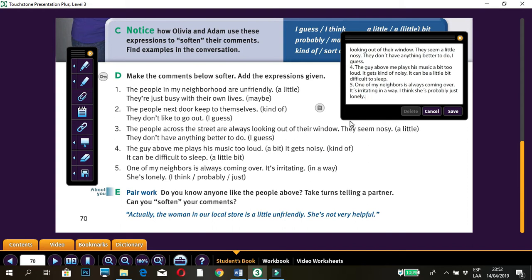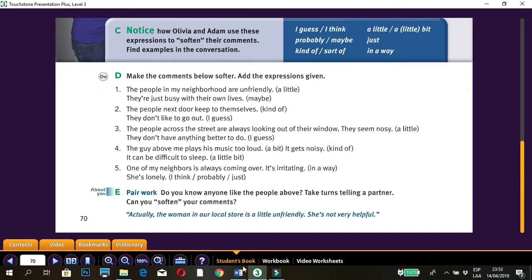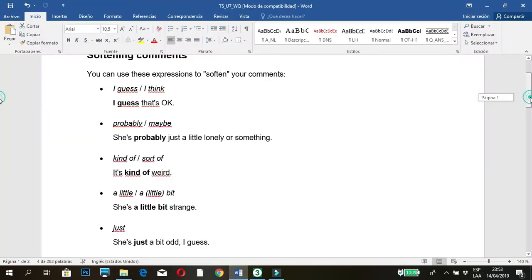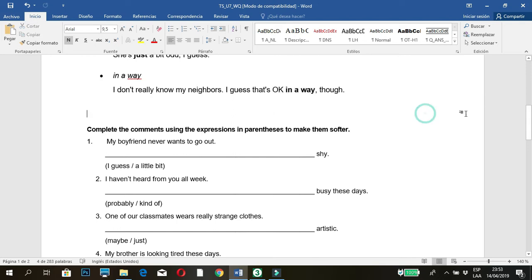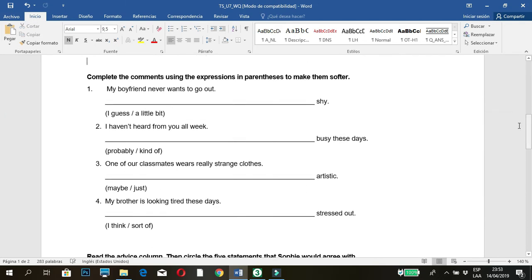Okay? Very good. So instead of saying, the woman in our local store is unfriendly, okay? We can say the woman in our local store is a little bit unfriendly, okay? So you don't sound rude, okay? Very good. So let's go to the exercises here to practice more, okay? For example, here it says, complete the comments using the expressions in parentheses to make them softer, okay?